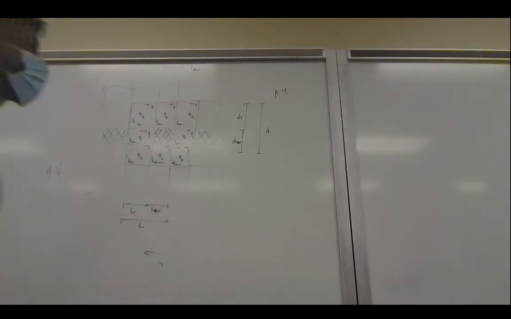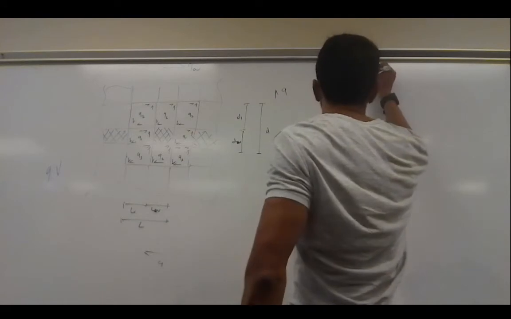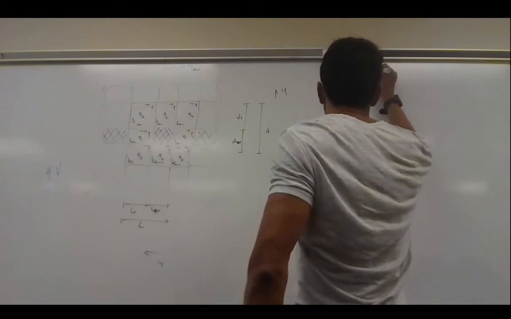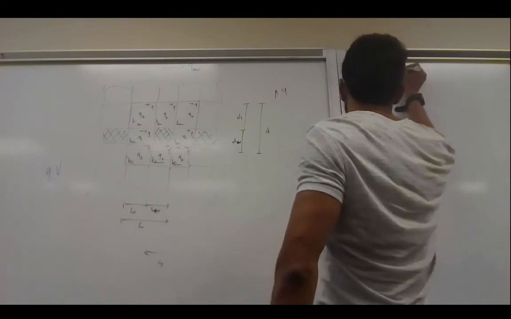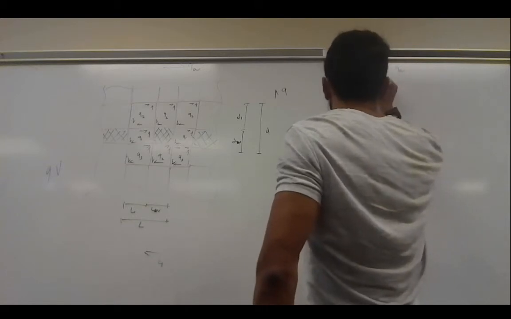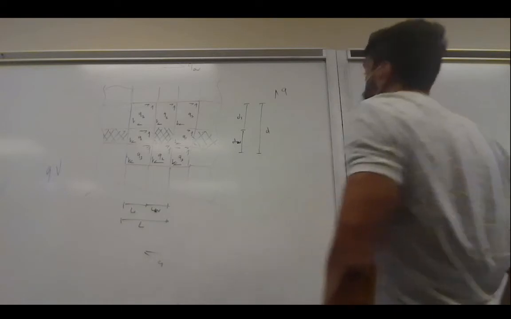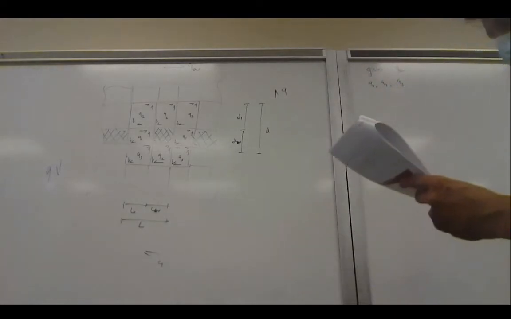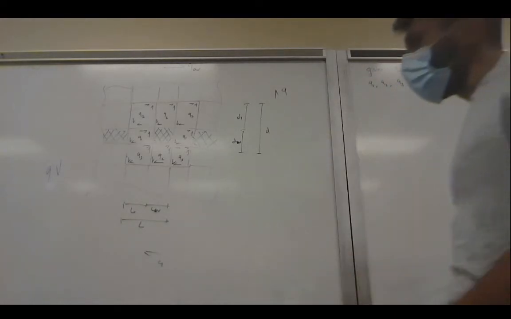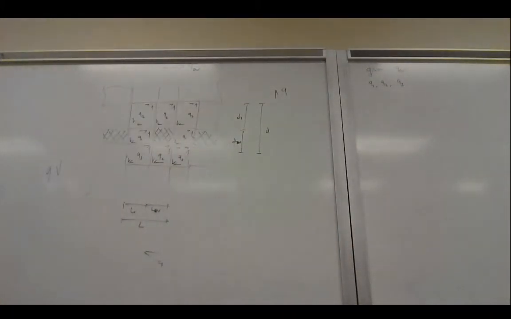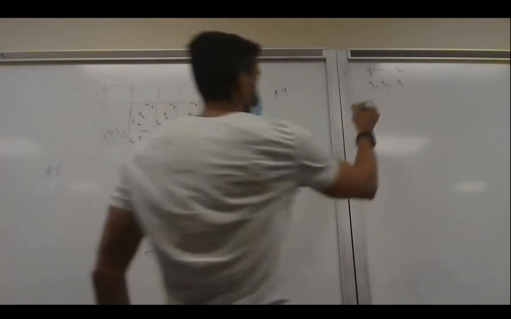So what we have given is basically Q average as a far field, and we basically have to determine Q1, Q2, and Q3 given a cutout. And what we do is, it seems complex, but it comes down to equilibrium of forces.